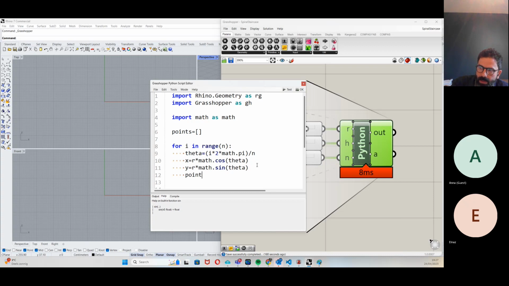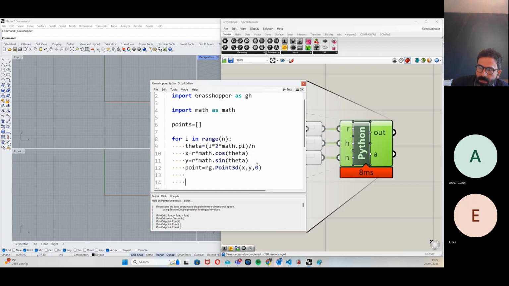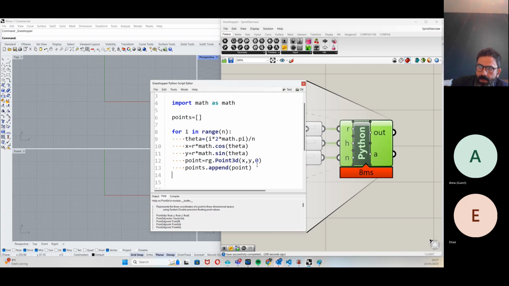And let's say point equals RG dot point 3D X and Y and 0. And points dot append point. Good enough for now.